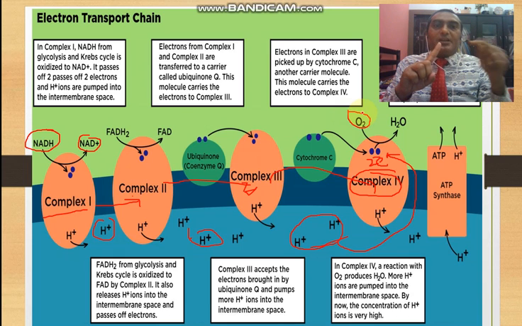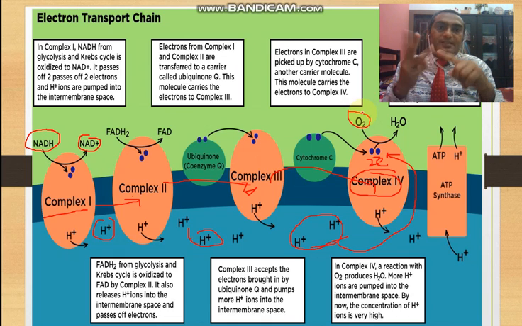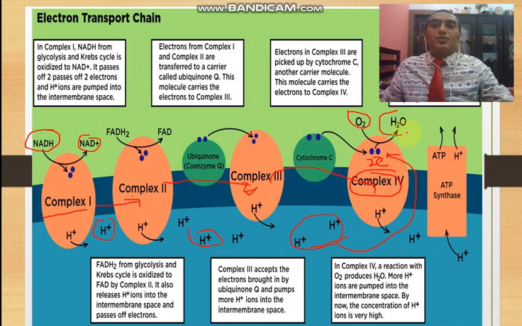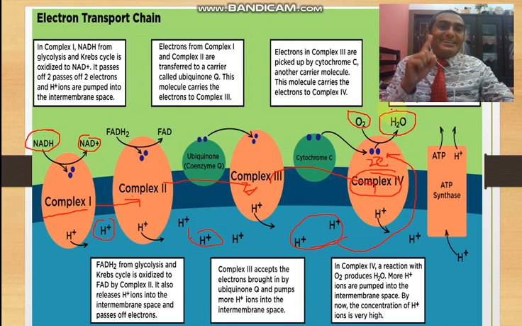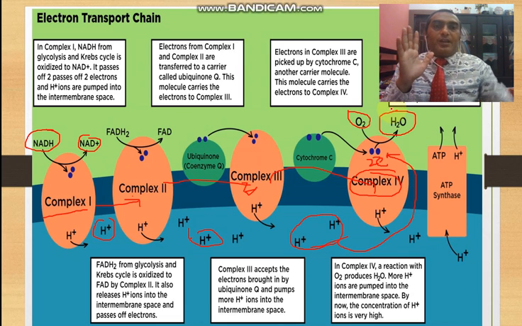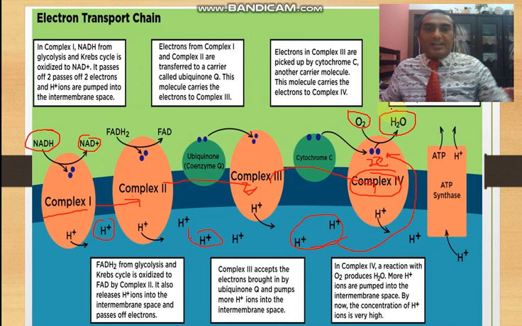Keep in mind, one oxygen molecule from the atmosphere, 2 electrons and 2 hydrogen ions, when combined together, form a water molecule. So for the formation of water there is a requirement of oxygen. Only the ETC utilizes oxygen, while glycolysis and the Krebs cycle do not require oxygen. The ETC process occurs at the cristae region.